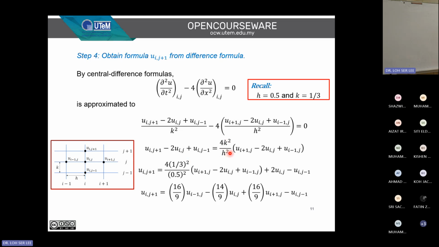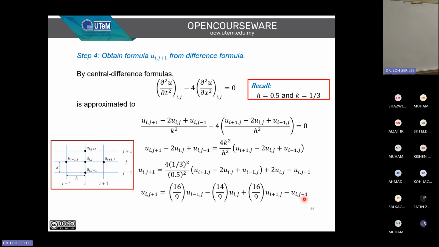After you substitute your k and h, you get this 16 over 9. So you expand: 16 over 9 multiplies to this one and this one, and then we combine the 1 for u_ij. If you look at the sequence, we choose this one as the first, the second, the third, and this one as the last.